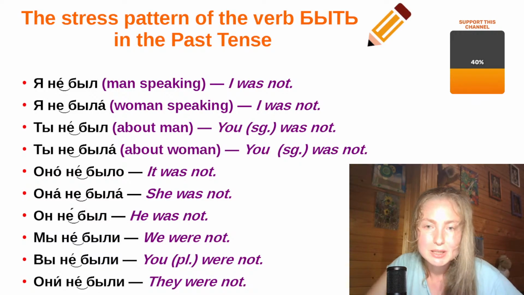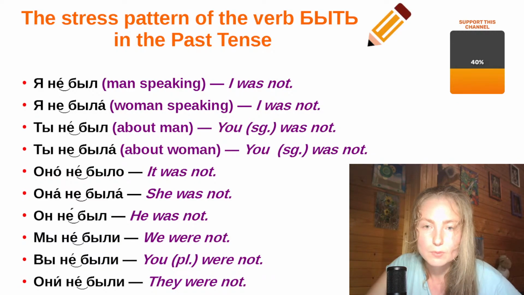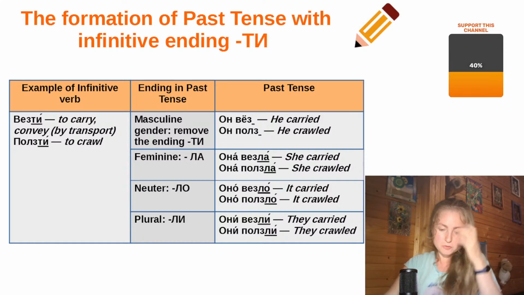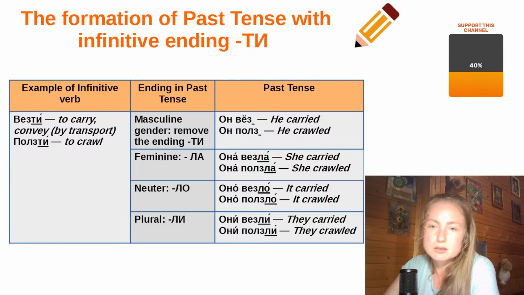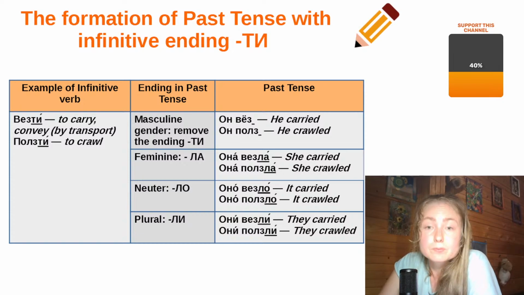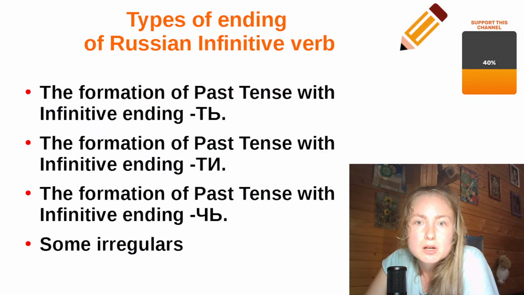Okay, and now let's talk about other verb endings. For people who haven't seen my video at the beginning, I told you that we have 3 types of infinitives. The first type is verbs that have suffix ть.